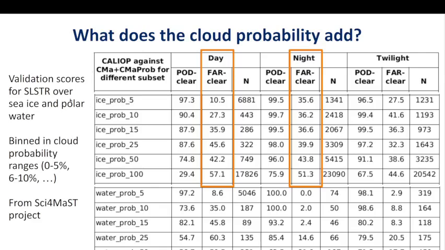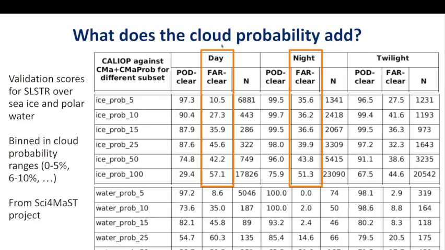We focus on the results over ice, since we have most validation data there. And we have binned results in cloud probability ranges. So the first line is for data over sea ice with the probability of clouds between 0 and 5%. The second line is over ice and for cloud probabilities between 6 and 10% and so on.